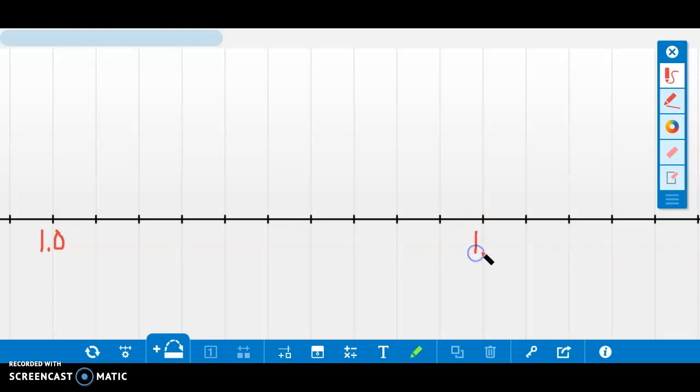And here I have 1 and 1/10. So, in between all these, I have even smaller numbers. Right? If this is 1/10, what's the distance between this then?